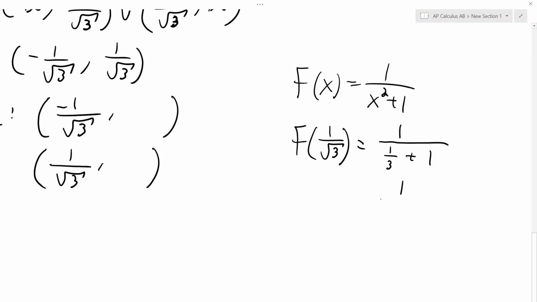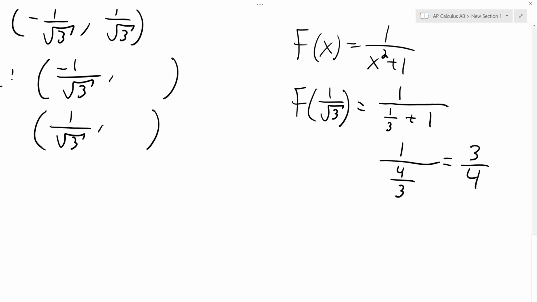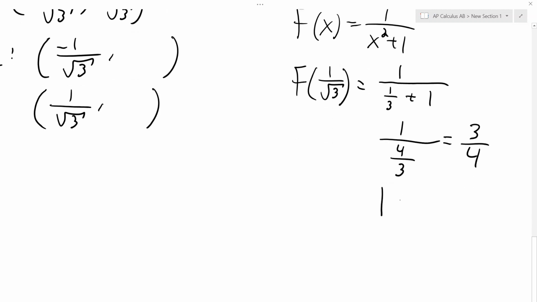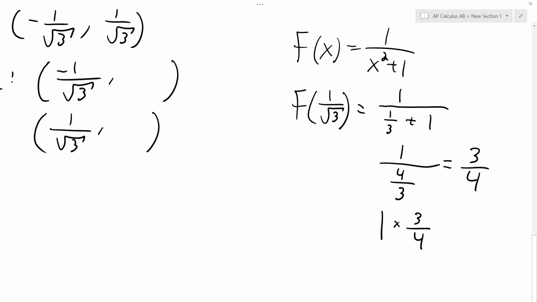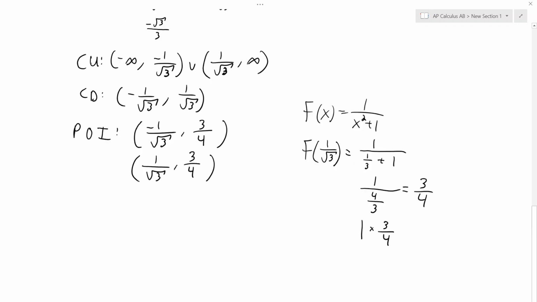But that's just 1 over 4/3. And 1 divided by a fraction is just its reciprocal. Instead of 1 divided by 4/3, that's 1 times 3/4. Same thing. So you get 3/4. If you plug in negative 1 over root 3, because you're squaring it, you get the same thing.